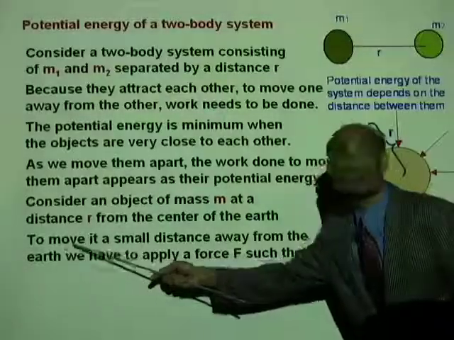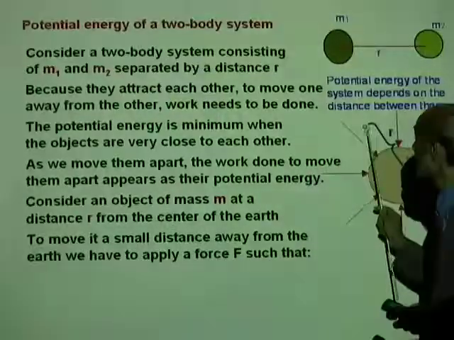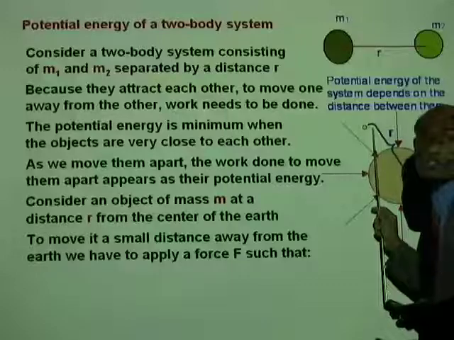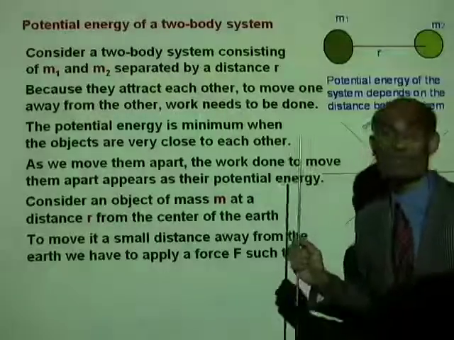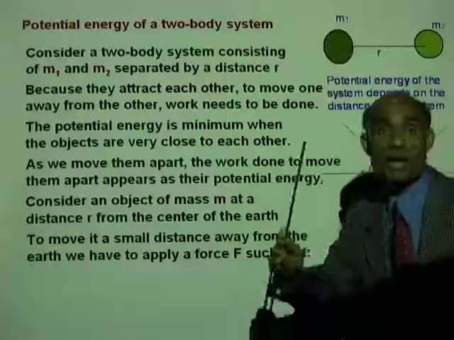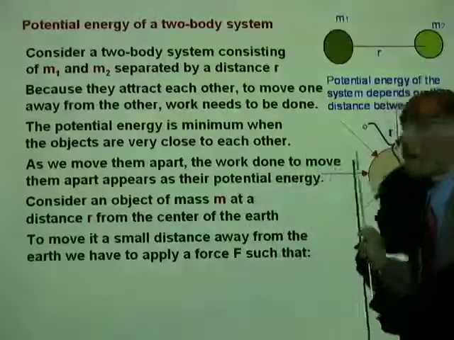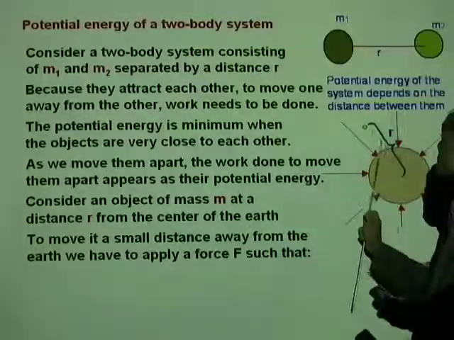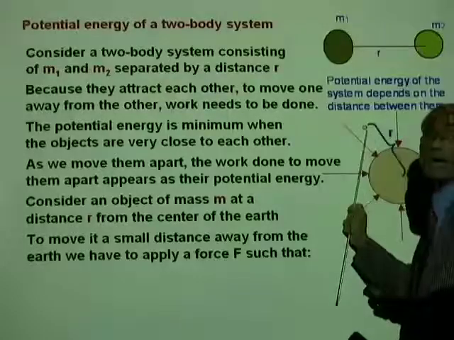To move this object, now remember, there is a force on this. What is the amount of force? The amount of force is uppercase G times ME m over (RE plus h) all squared.